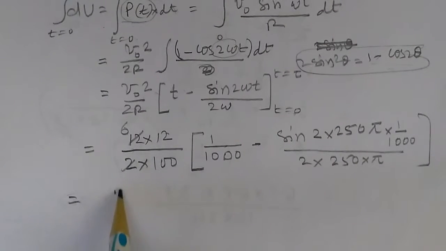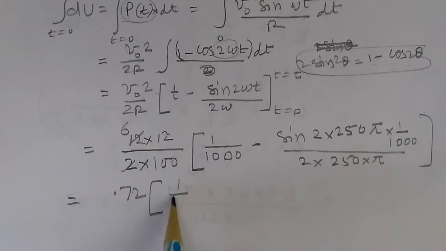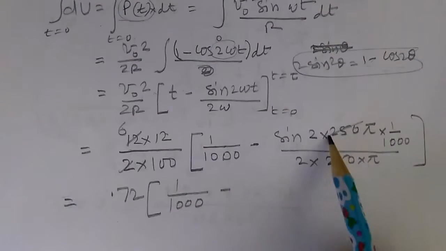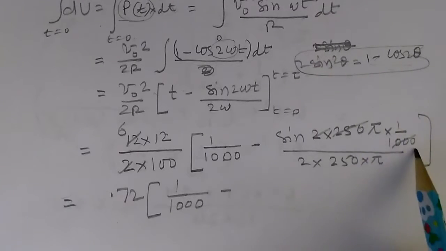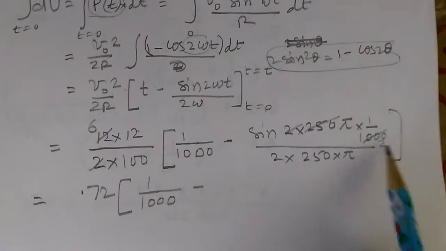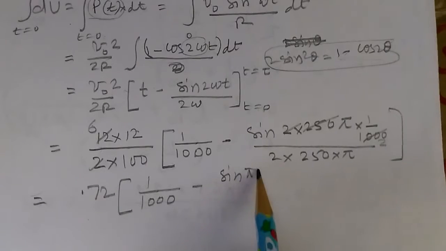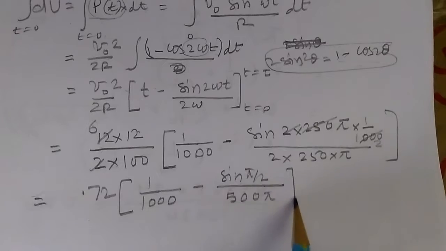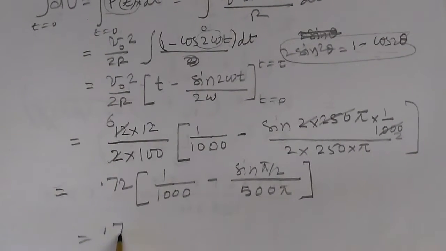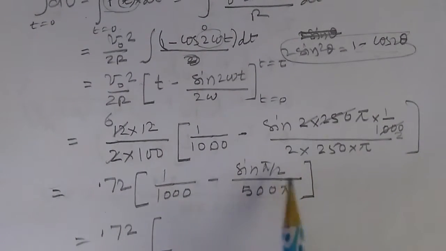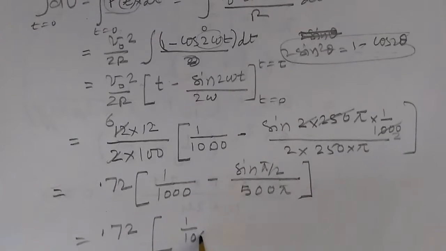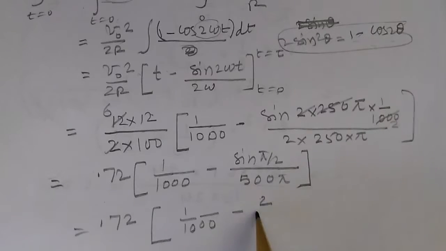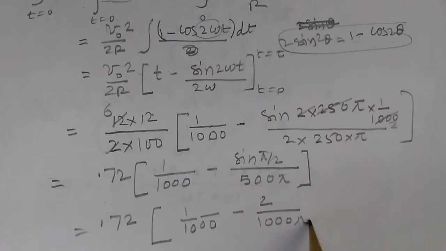So 144 divided by 200 is 0.72, times 1 upon 1000 minus sine pi by 2 divided by 500 pi. Sine pi by 2 is 1, so this becomes 0.72 times 1 upon 1000 minus 2 by 1000 pi.